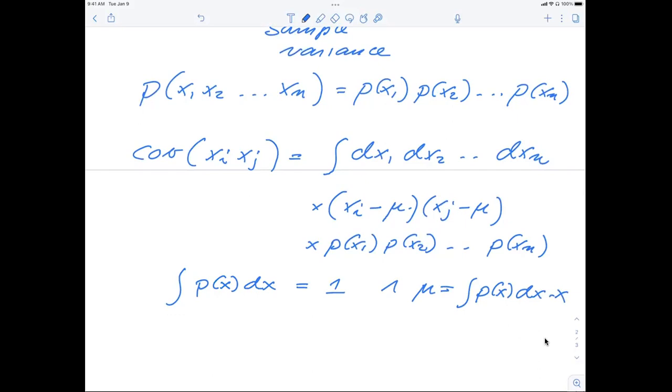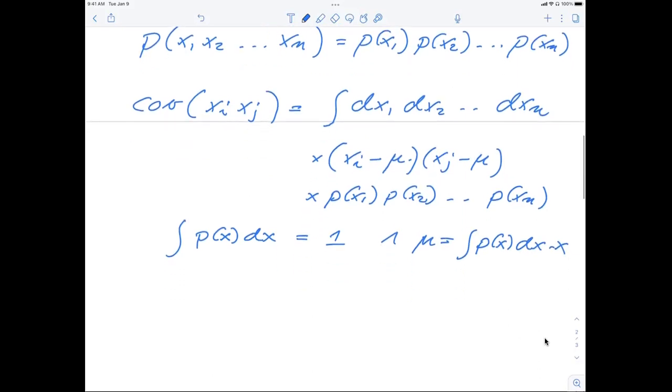So if I now use these definitions, I can rewrite the covariance as follows. And the way you read the covariance is as a quantity which measures the degree of correlation between two observations, xi and xj.